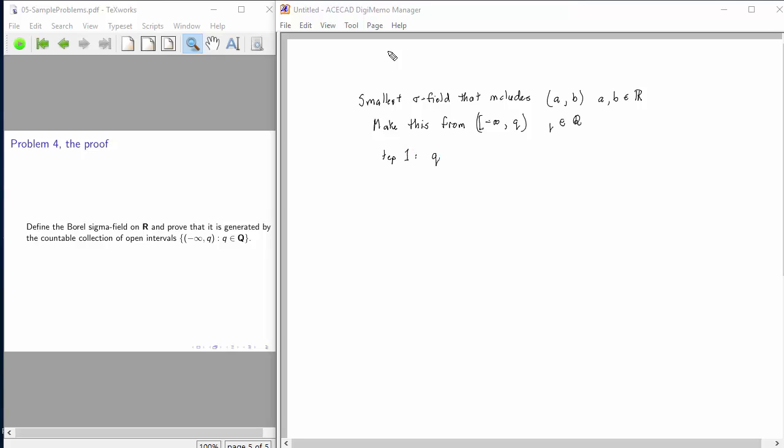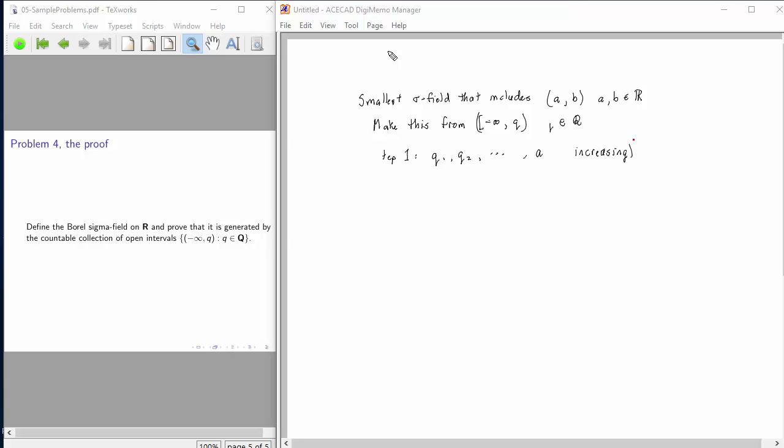The first step is to go from rational right endpoints to real right endpoints. And to do that, I choose an increasing sequence of rational numbers that has a as its limit.